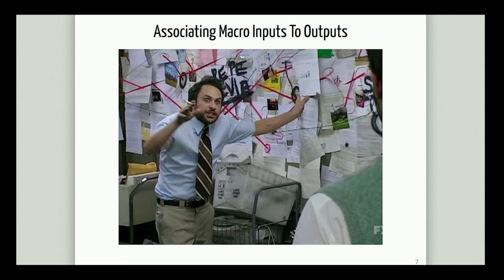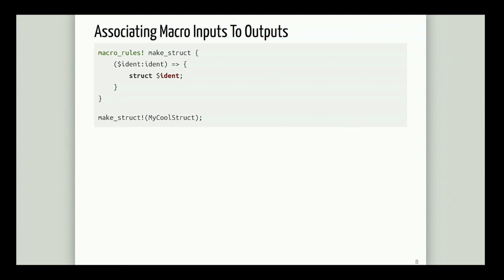Now, diagnostics already do this in one way. They have some output token, some token in the expansion, and map that back to the input. We now also need the reverse for IDEs. So we have some input token, and we want to figure out all the tokens in the expansion that belong to it. So how do we do that?